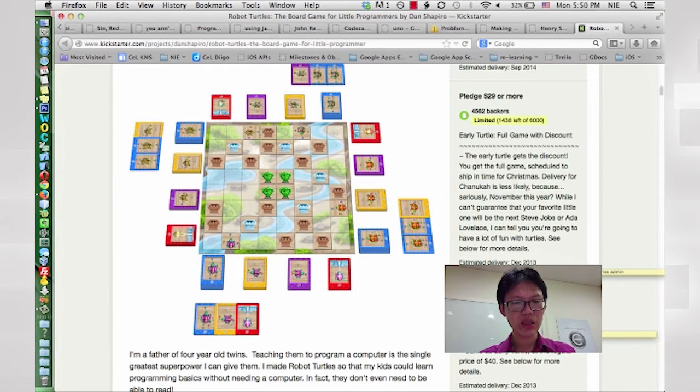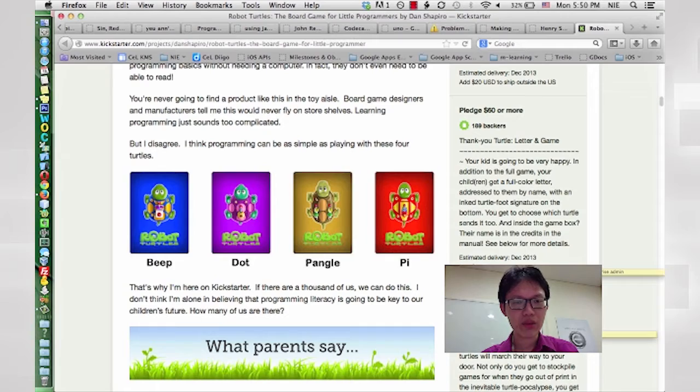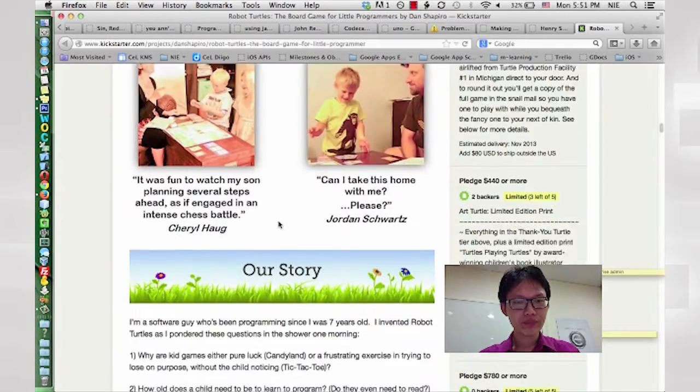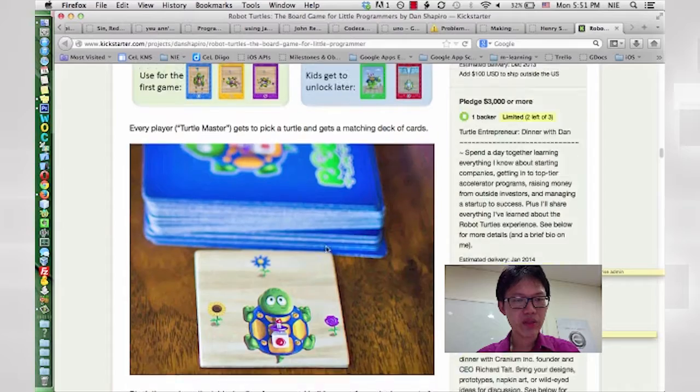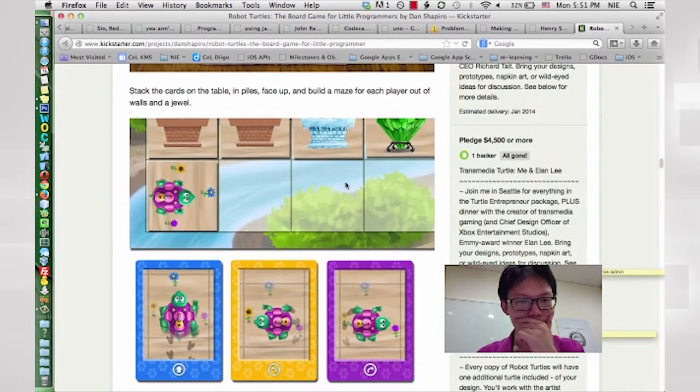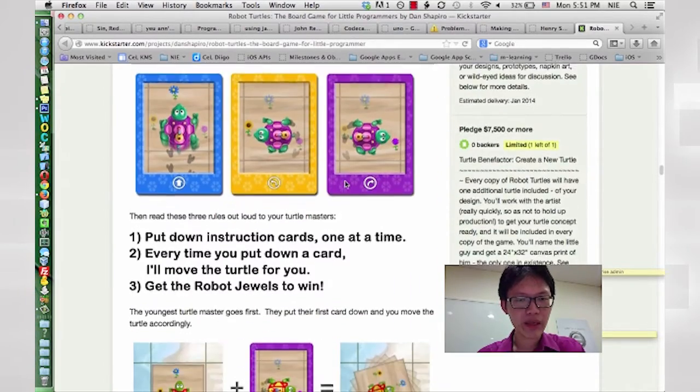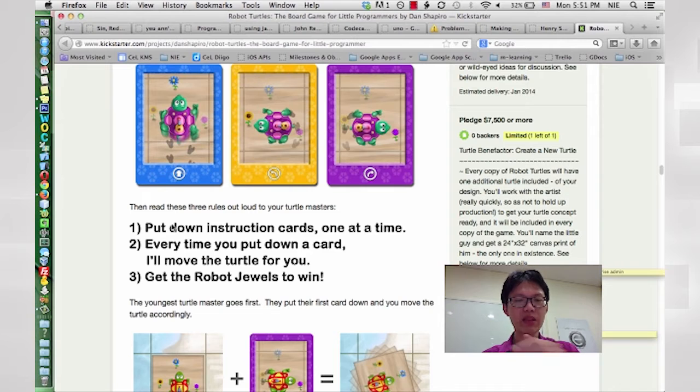Well, I read through it, and I'll give you a summary of what it does. The principle that I extracted from this, if you want to teach people how to program, I think is very useful. Essentially, the whole game works on a very simple step.